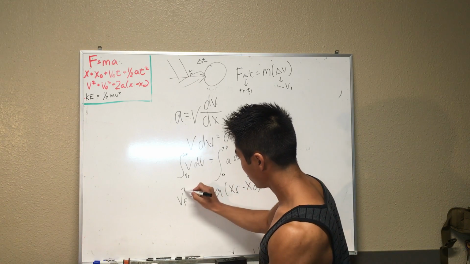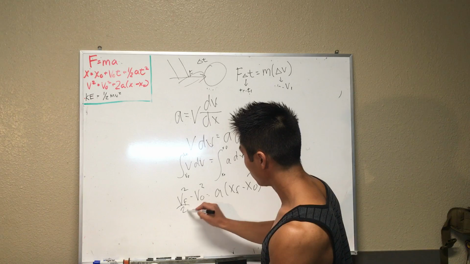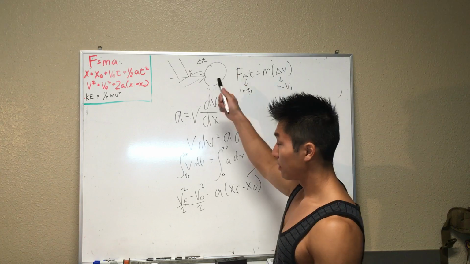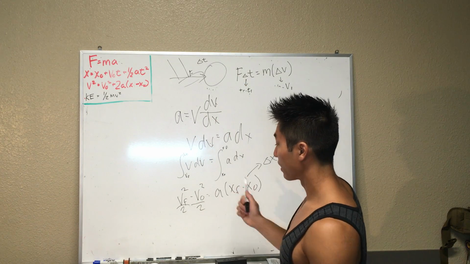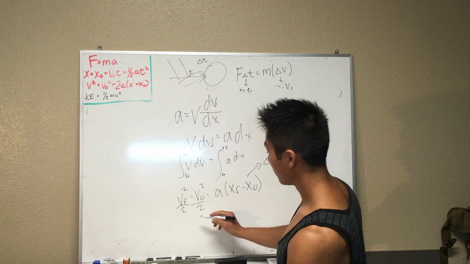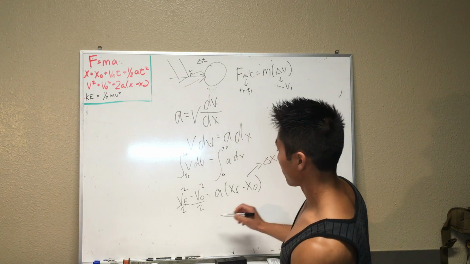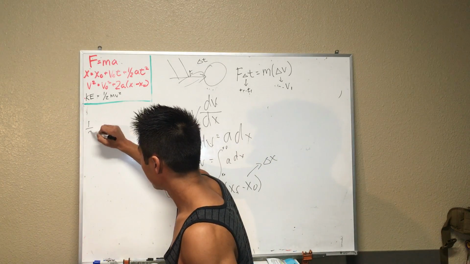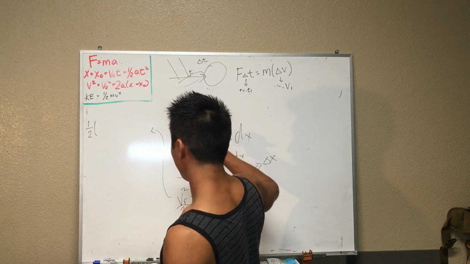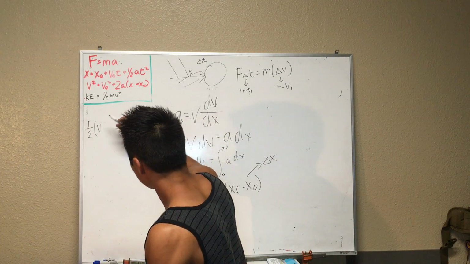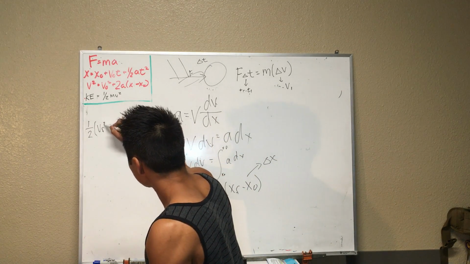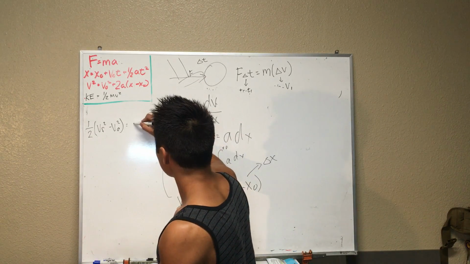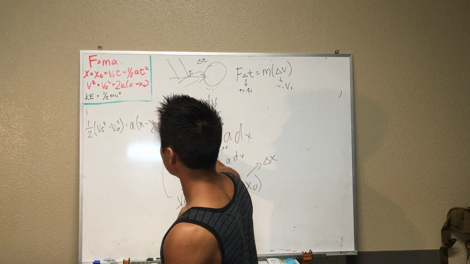That's going to be v squared over 2, right? Because we already have a v, so we have to increase the power, then divide by that power, so v squared, and this could be simplified as, I'm going to write it over here, 1/2 v final squared minus v naught squared equals acceleration times x minus x naught.